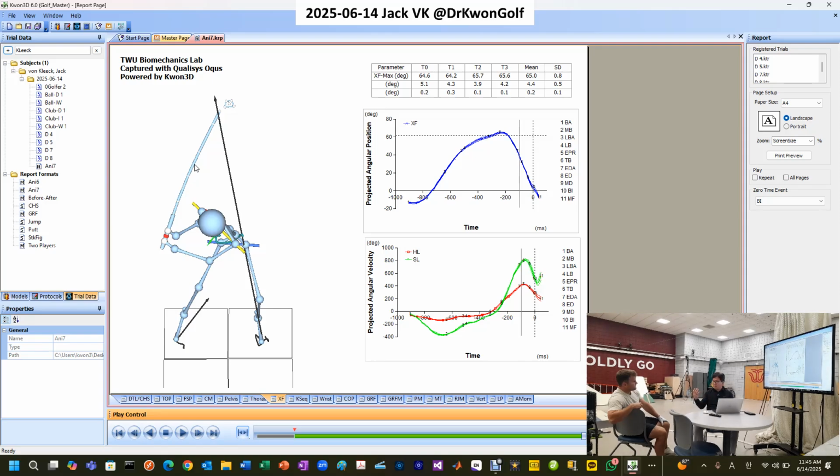So for the same level of torque, if moment of inertia increases, then angular acceleration decreases. So when the club stays out here, then you're putting a lot of effort. But if you keep the club a bit closer to your body here, then with less effort, you can generate the same speed with the club.